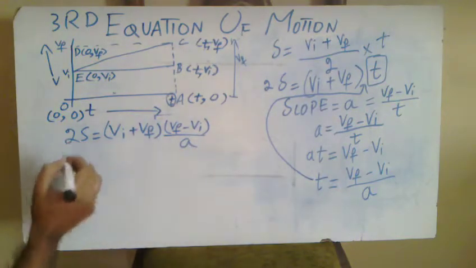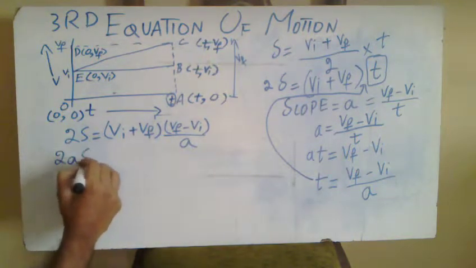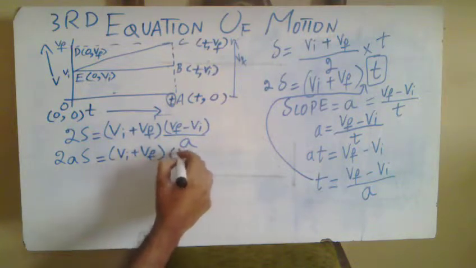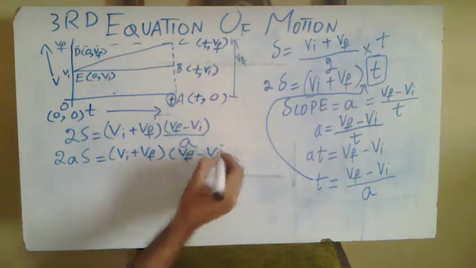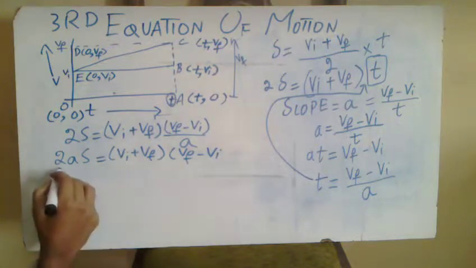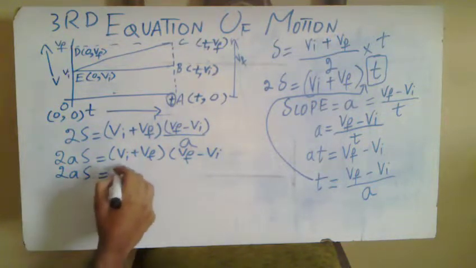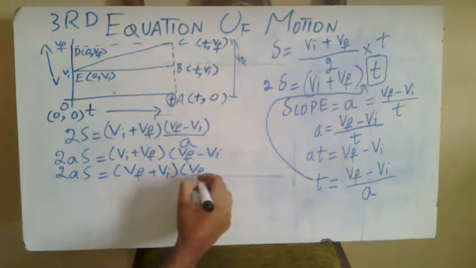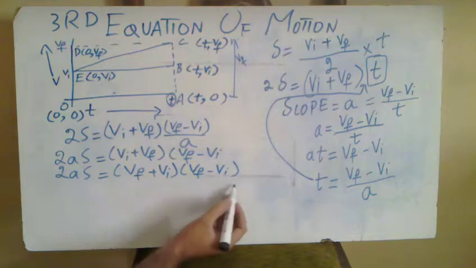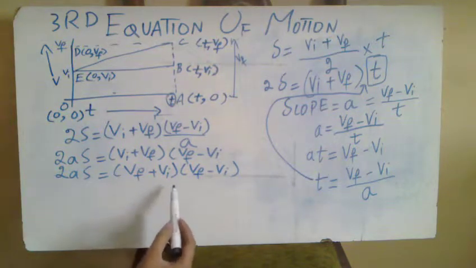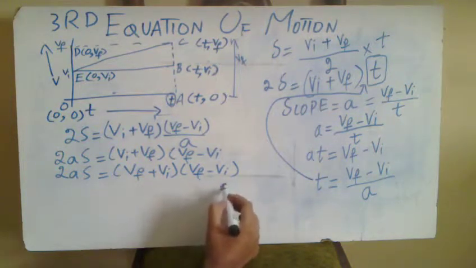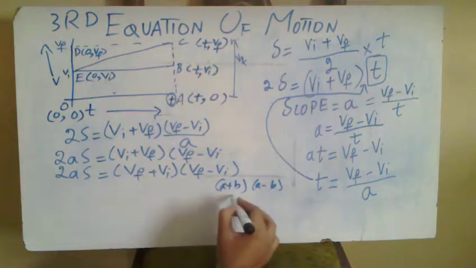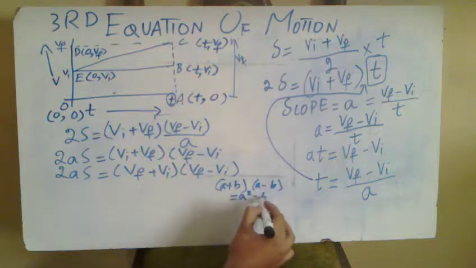Acceleration is dividing here, it will go here, and we will get 2aS equals Vi plus Vf into Vf minus Vi. We could rearrange this as 2aS equals Vf plus Vi into Vf minus Vi. Now apply the formula on this, because in maths a plus b into a minus b is equal to a square minus b square.